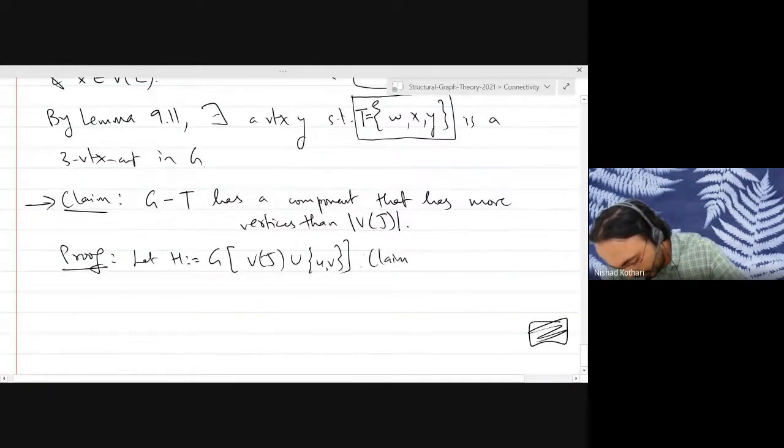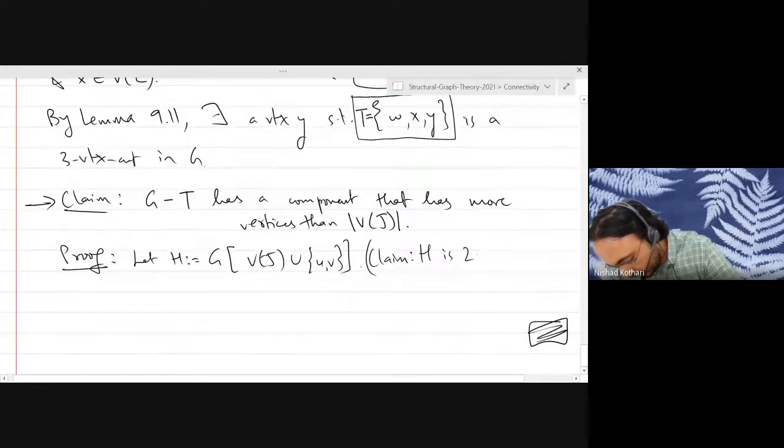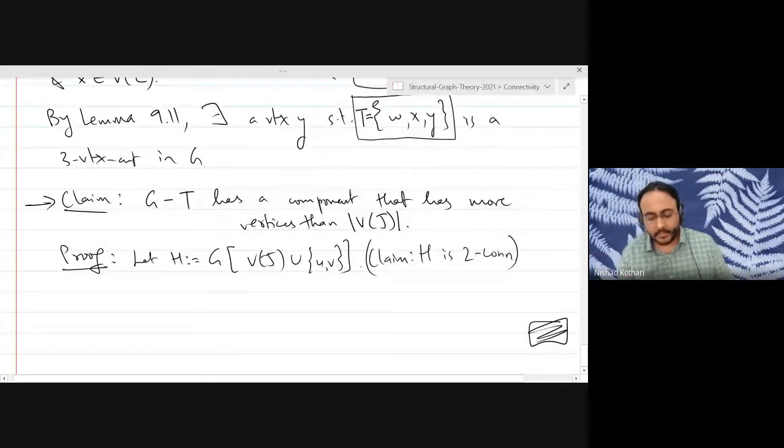So the claim inside the claim is that H is 2 connected. I will prove this in a few seconds. What does this mean?